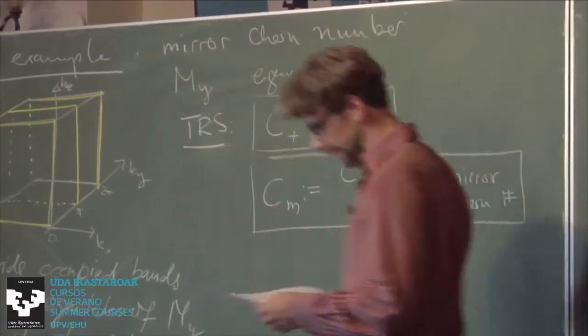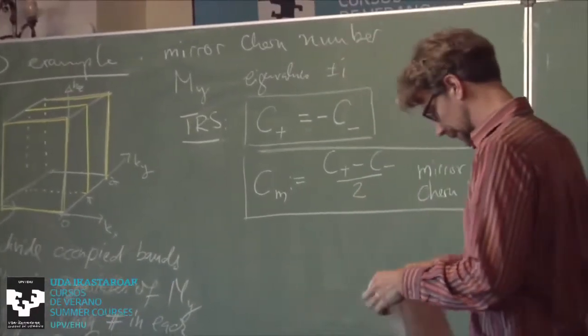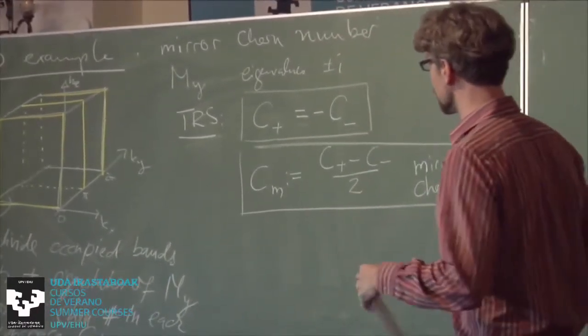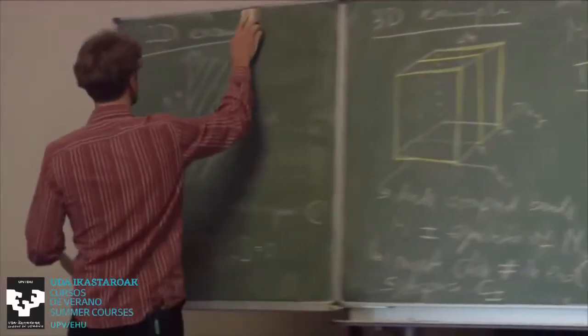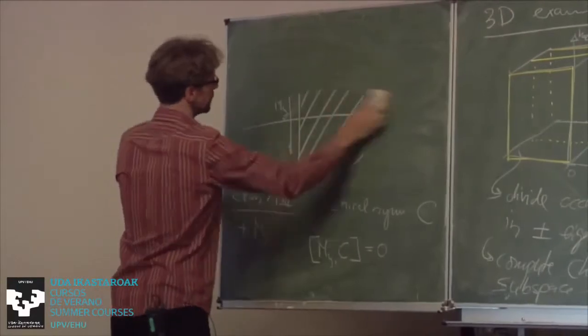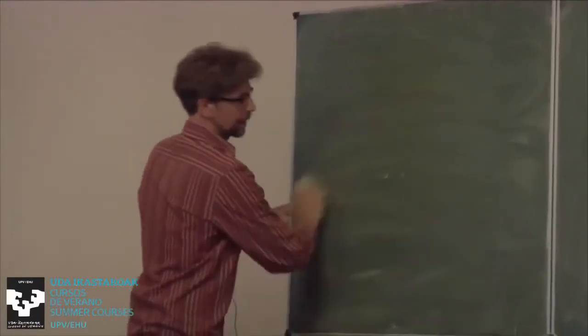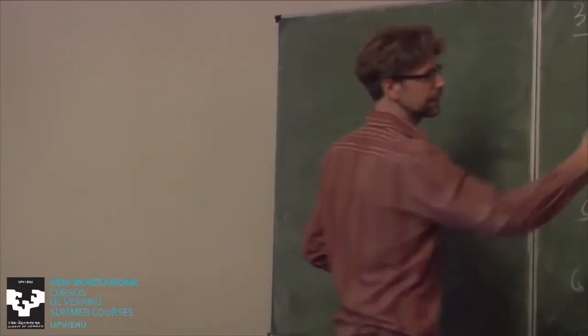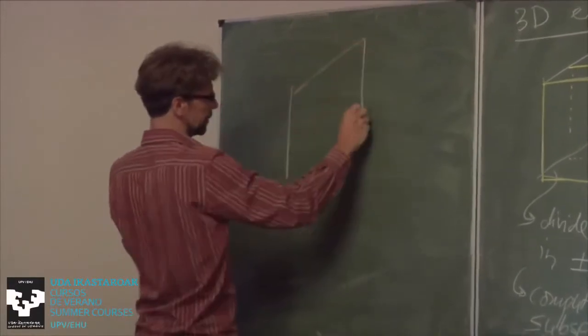And now we can ask ourselves, what is the bulk boundary correspondence that this Chern number enforces? For that, we can look at the boundary Brillouin zone of this system. Ideally I would draw it from this side, but now let's draw it from this side.